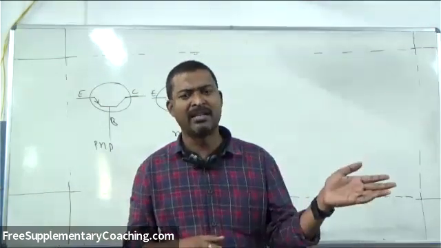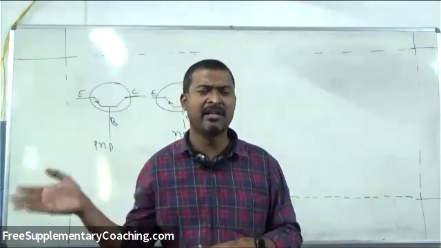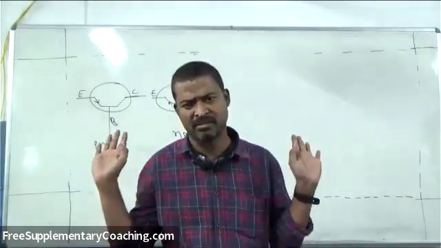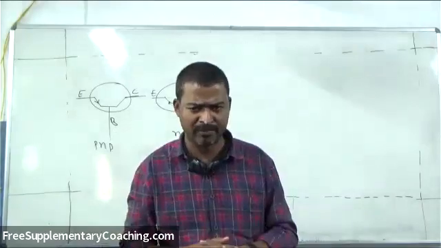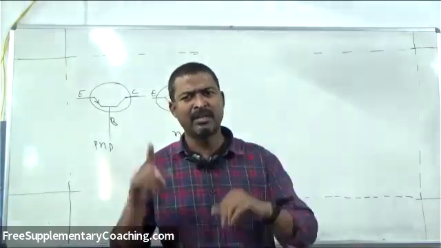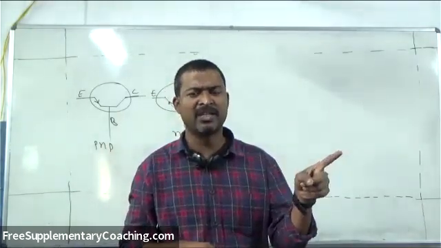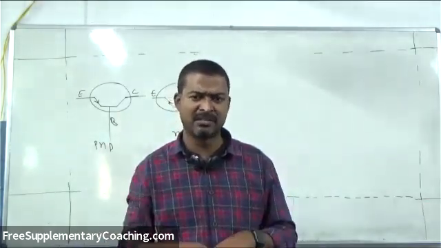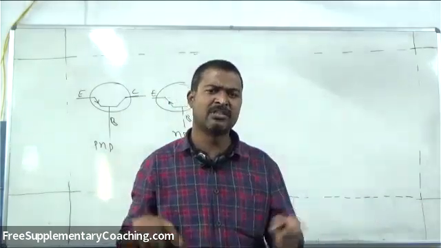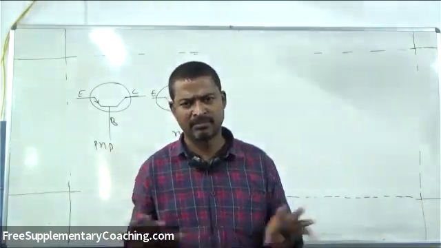Ammeter has ideally zero resistance. Ideally, voltmeter has infinite resistance. That's it. Three points are enough. Clear?